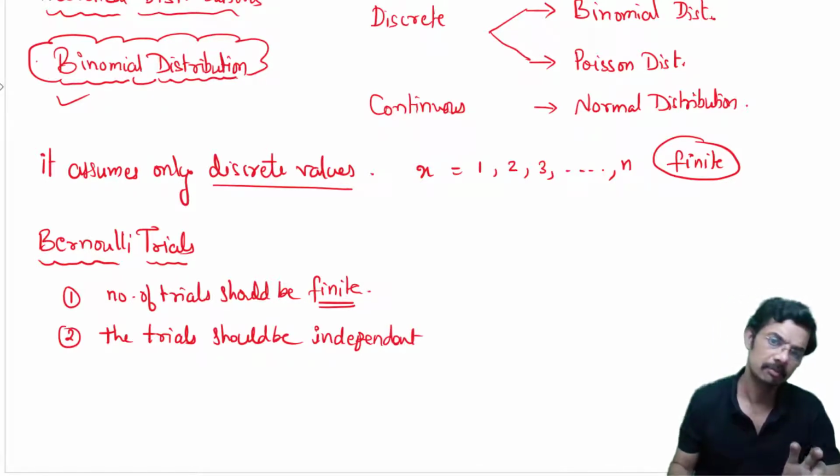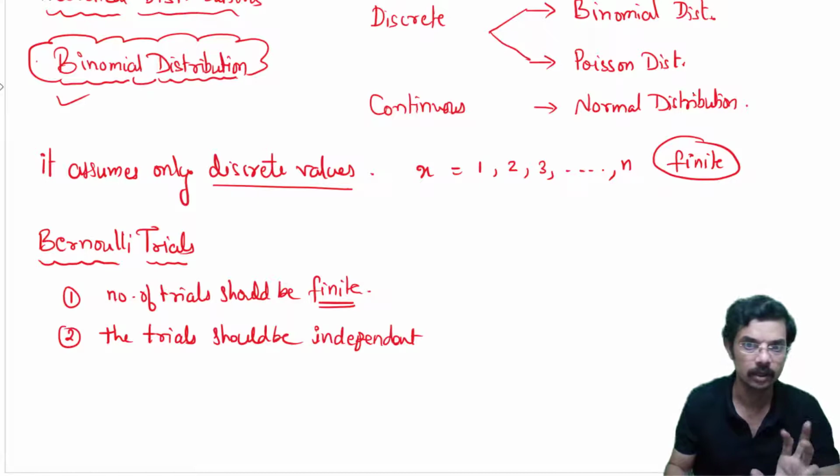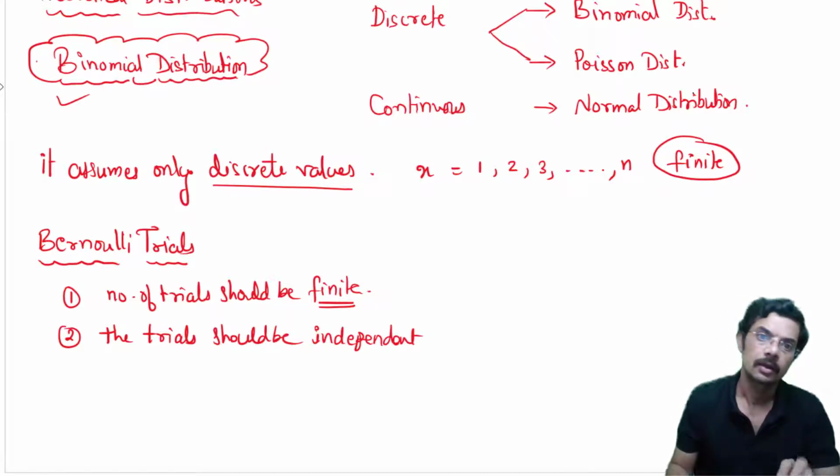For example, if we toss a coin, say 5 times, will the tossing of the coin in the first trial make any difference in the second trial, or is the second trial dependent upon the first trial in any way?